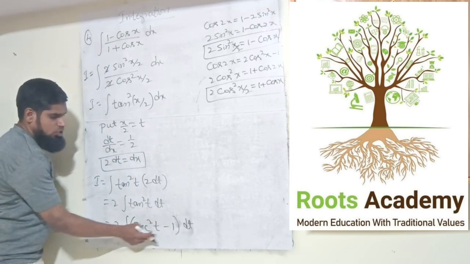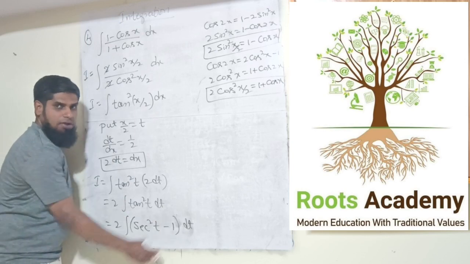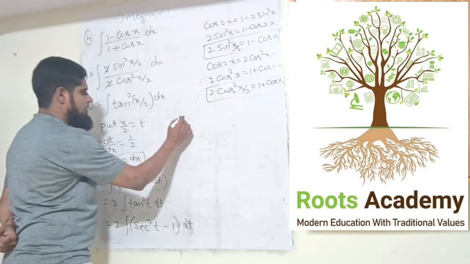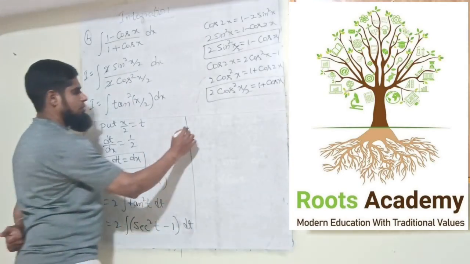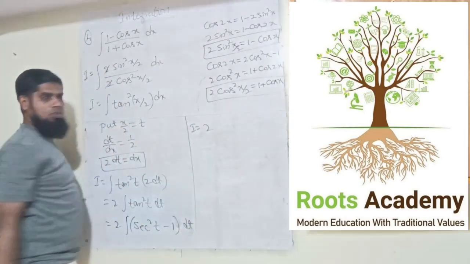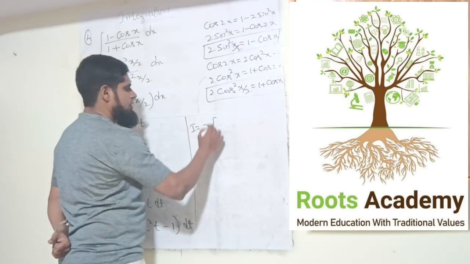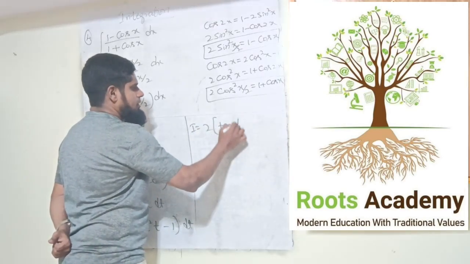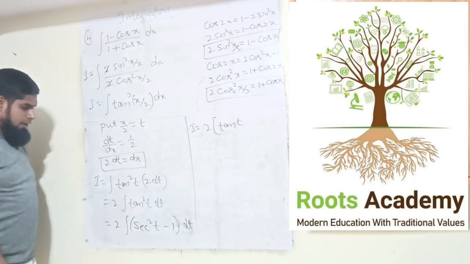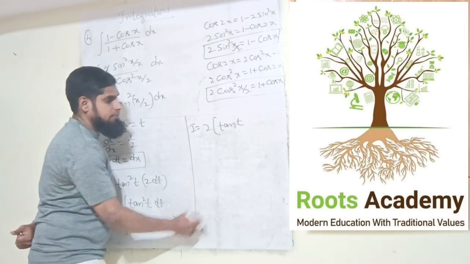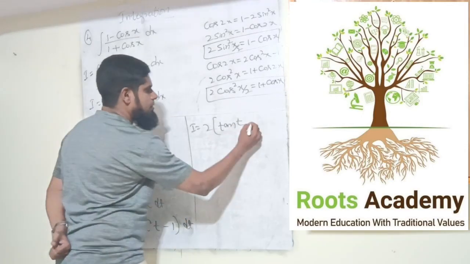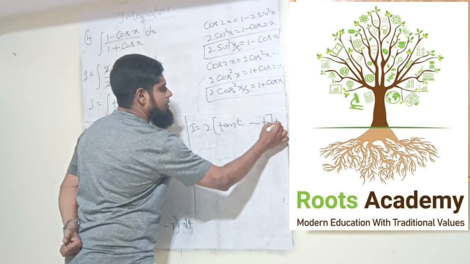Now let us integrate these two terms. We know that both terms have known integrals. So I is equal to 2, this 2 as it is, integration of secant square t, in brackets, is tan t. Integration of 1 with respect to t is t, so minus t plus c.